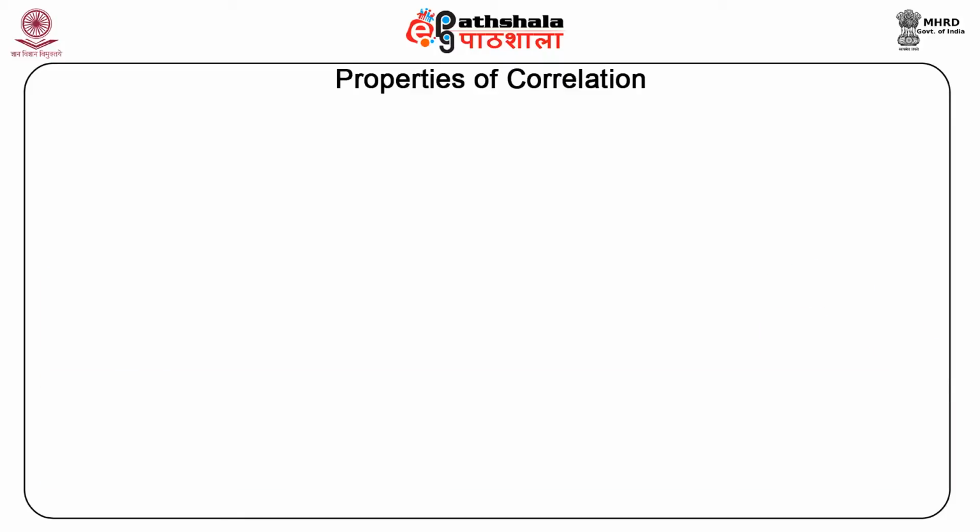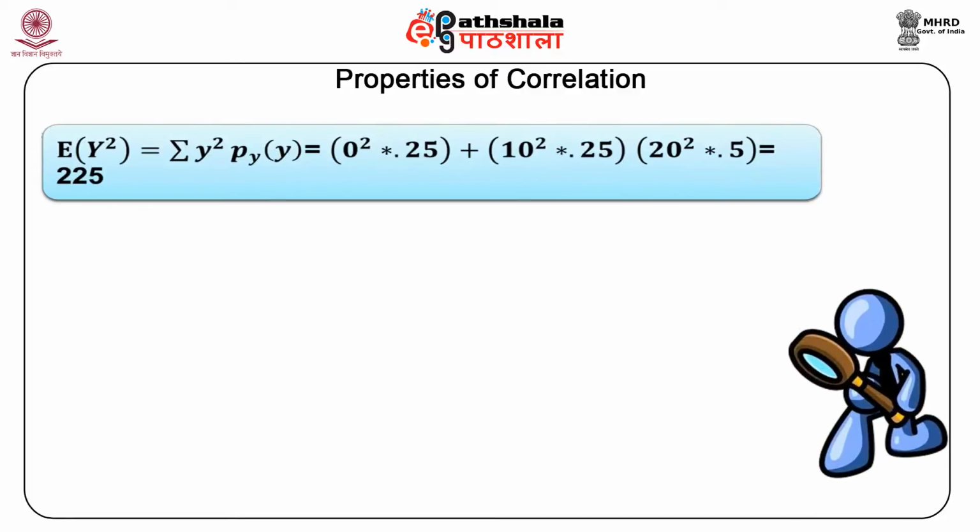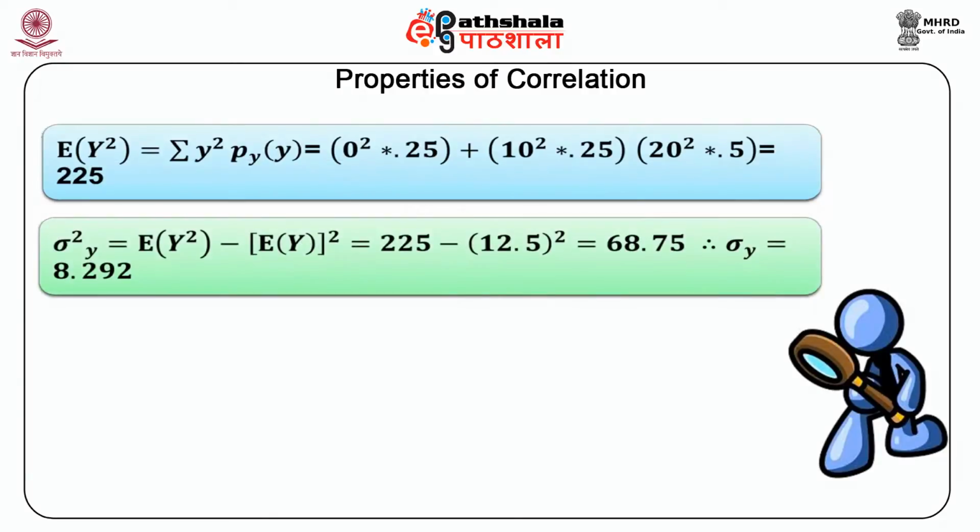Similarly, for y, we have E of y squared is equal to the sum of y squared p(y), which is equal to 0 squared into 0.25 plus 10 squared into 0.25 plus 20 squared into 0.5, which is equal to 225. Hence, sigma squared y is equal to E of y squared minus (E of y) the whole squared, which is equal to 225 minus 12.5 the whole squared, which is equal to 68.75.